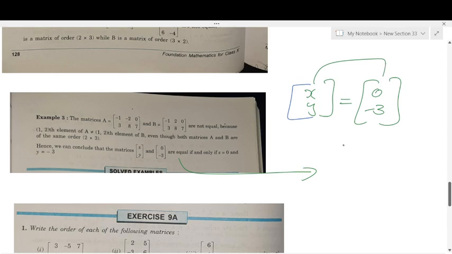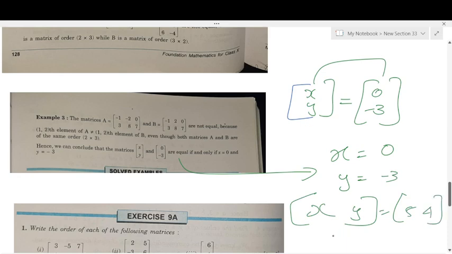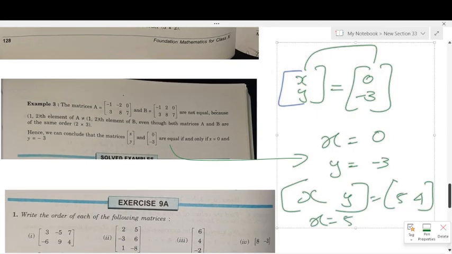Then what is the value of x? x is equals to 0 and y is equals to, okay, they can ask you even like this, is equals to 5 and 4. What is x and what is y? y is equals to 4. Good. Shall we start solving the questions?